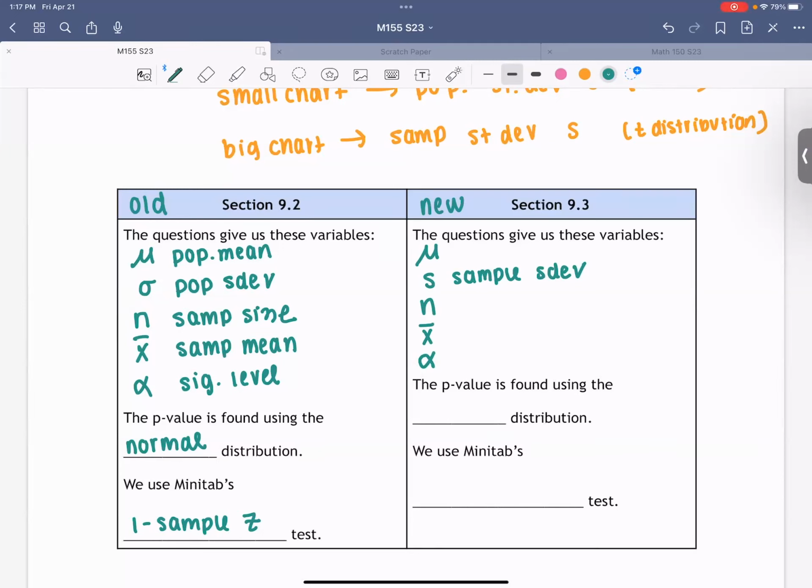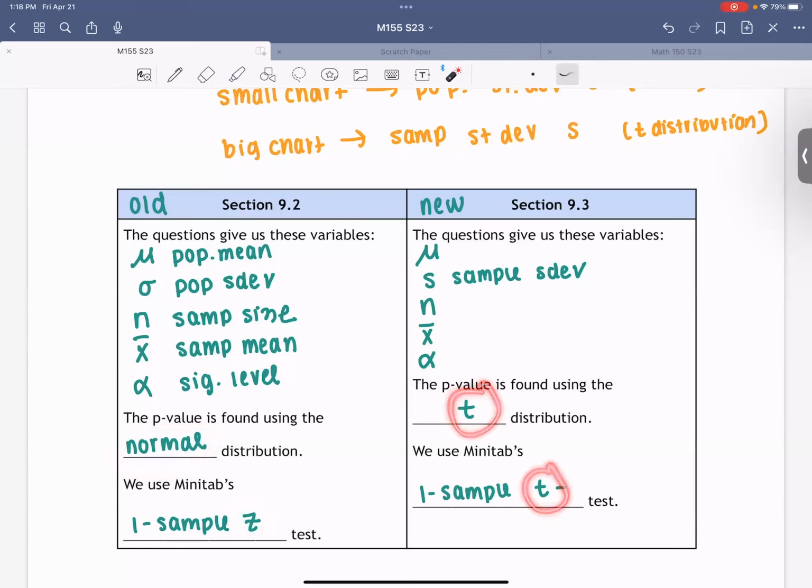Now I think you know where I'm going from here. Instead of using the normal distribution, what distribution do you think I'm using? T distribution. And what's really useful about this is the test that we use on Minitab is the one sample t-test. So the way I used to memorize this is that z-scores have to do with the normal distribution, so that's why it's called the z-test.